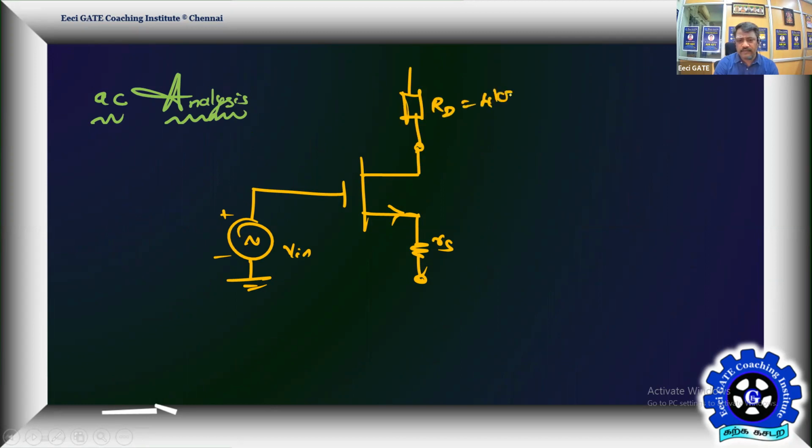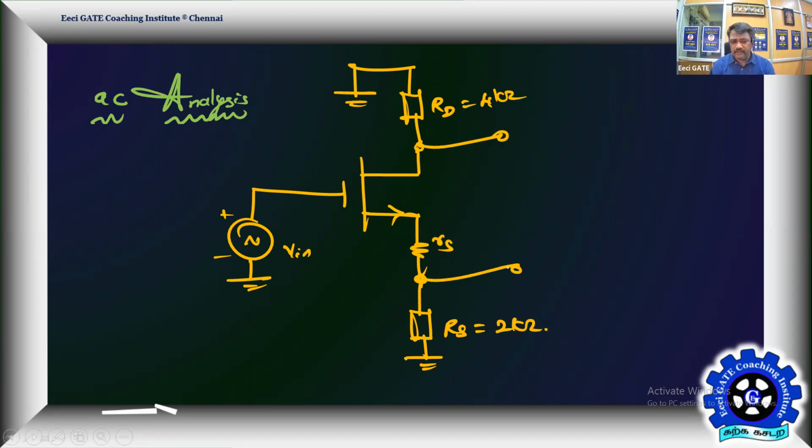VDD is made 0, so it's connected to ground. Here we have the capital RS, equal to 2 kilo ohm. These are the terminals where we need to find the voltages VA and VB. We are not looking for the VA and VB values, only the ratio between them. That's the small signal AC equivalent, and with that we'll begin the AC analysis.